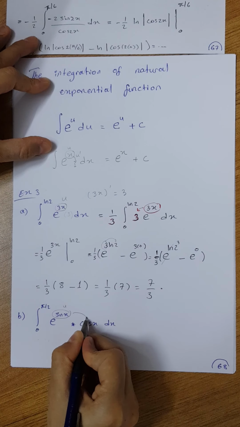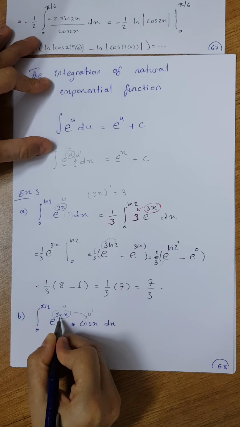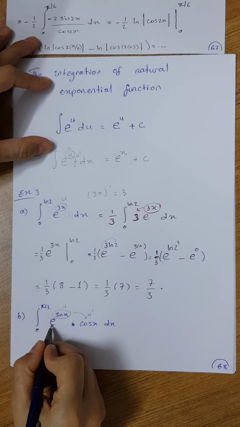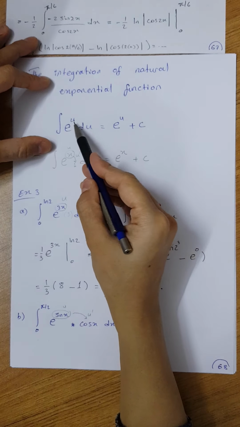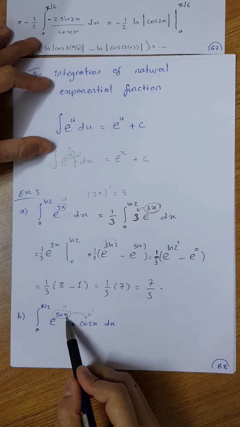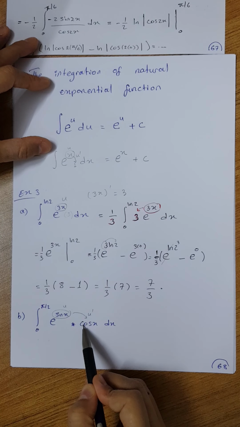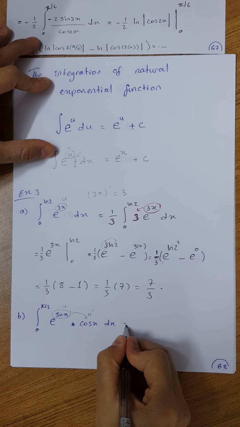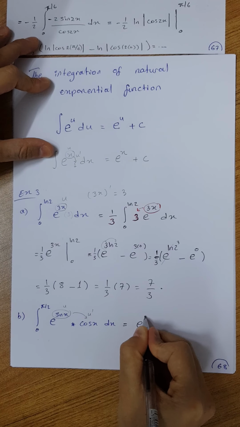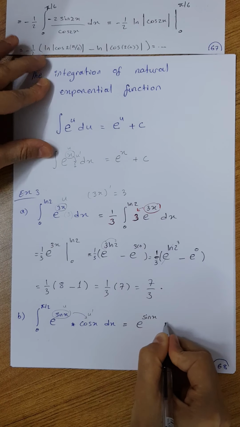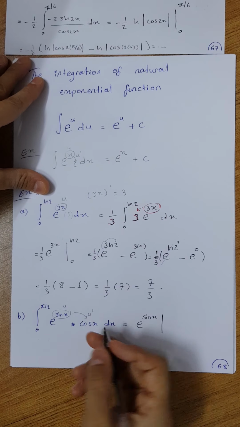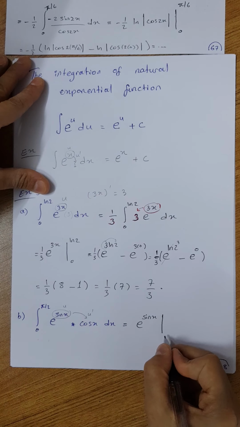Okay, what is the derivative of sine of x? It is equal to cosine of x. Is it right next to the e? Yes. So since we have got the derivative of the power right next to the e, that integration is directly equal to what? It is equal to e itself. So that will be e to the power of sine of x. We didn't need to do anything to that function, because we directly had this one here.